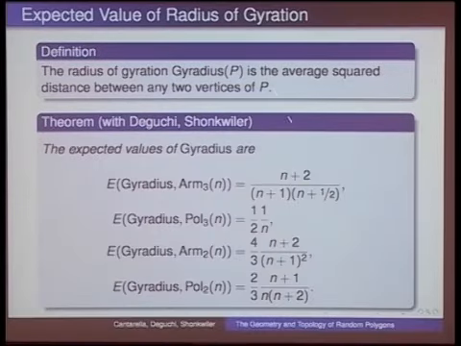And now you can compute radius of gyration as well. That's the average squared distance between any two vertices. And you get the following kind of neat result, that asymptotically, the radius of gyration for a closed polygon is exactly half the radius of gyration for the corresponding arm. Right?